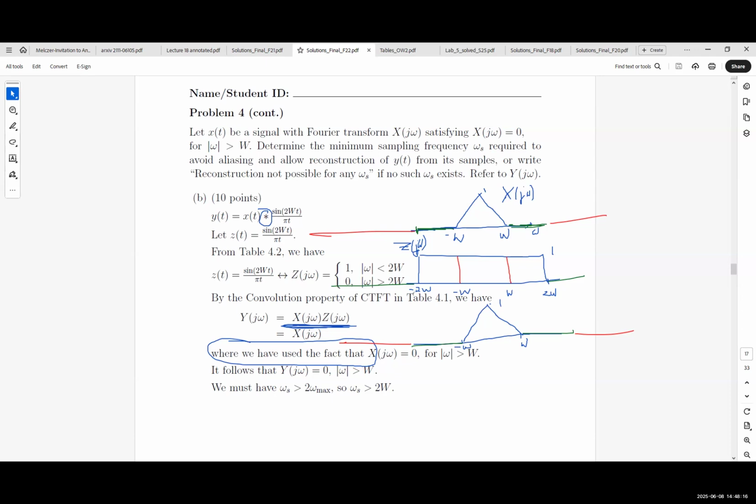So it's only nonzero between negative omega and omega. Yeah. After I took the product of those transforms, y of j omega looks exactly like x of j omega. So it's going to be 0 outside of minus w to w. Okay, that makes sense. Thank you.